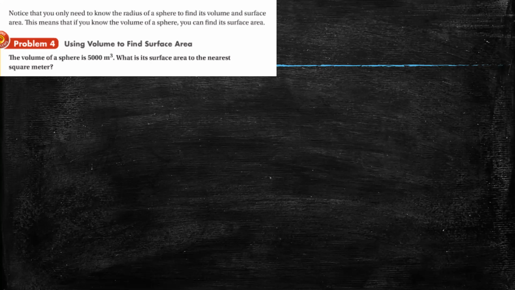In this problem, we will see how we can use the volume to find the surface area. They give me the surface area and ask me to find the volume, or they give me the volume and ask me to find the surface area. How will it be? Look at this example here.